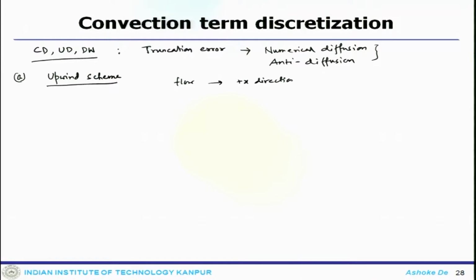So, which will result in phi e equals phi c and phi w would be phi w.